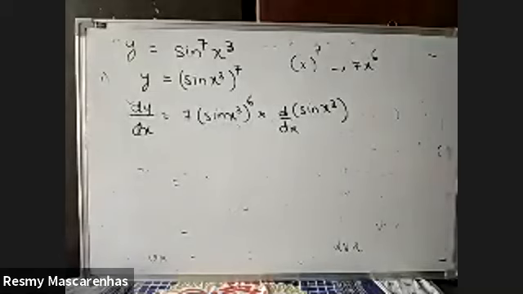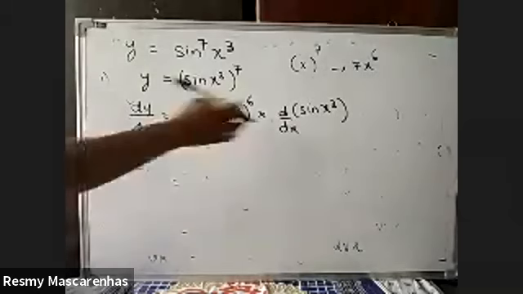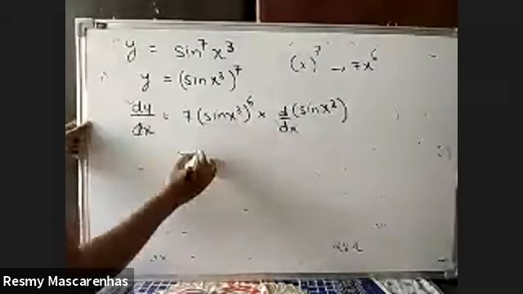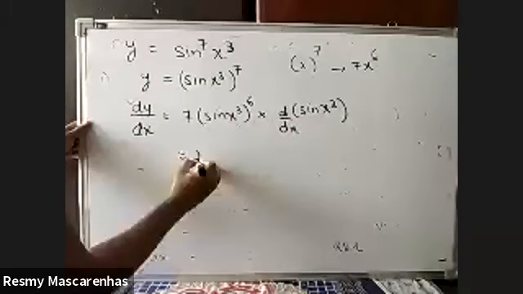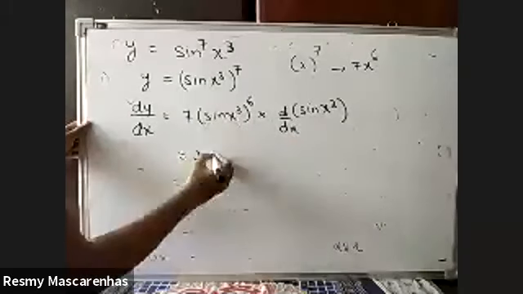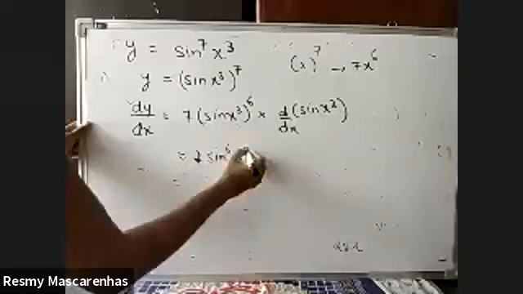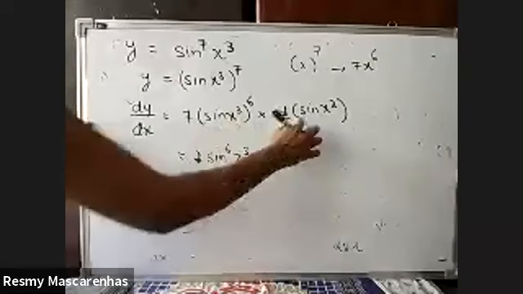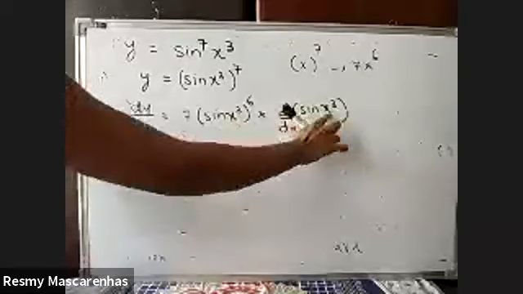Now take the extra derivative of it, sine x cube now. While writing, I can write it back here: sine raised to 6 of x cube into the derivative of sine of something. Sine of something is what?